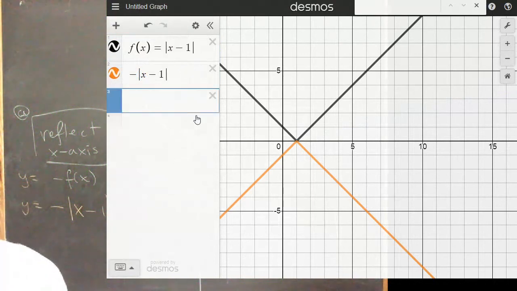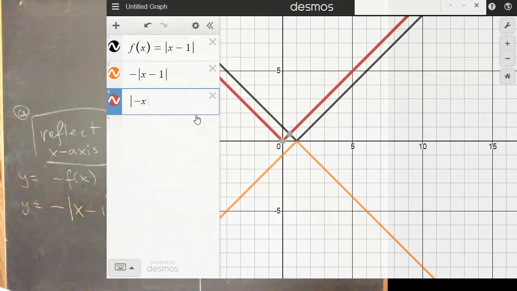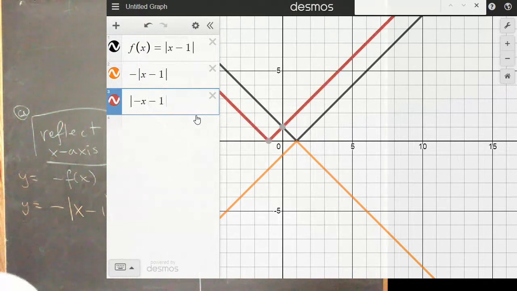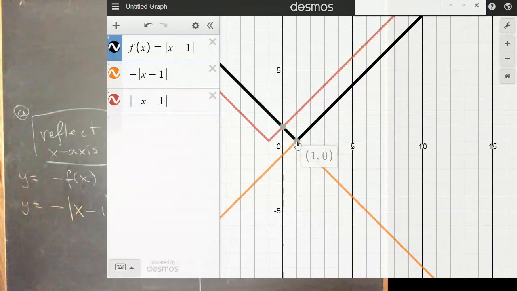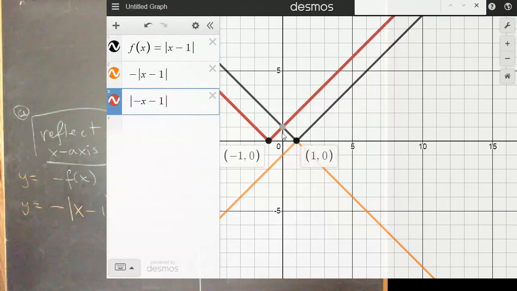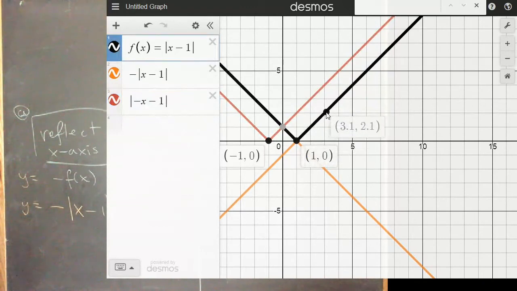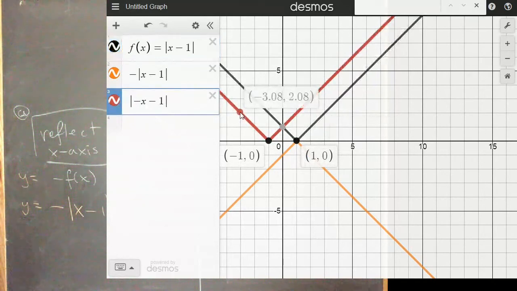And then if we wanted to instead reflect it across the y-axis, we would just take the x here and replace it with its negative. So there it is in red. Okay. So again, this point gets reflected to this point over here. This point, for example, at 3, 2 is going to get reflected all the way over here to negative 3, 2.